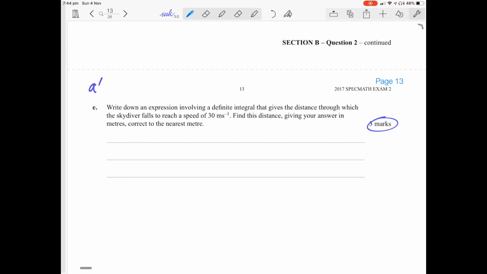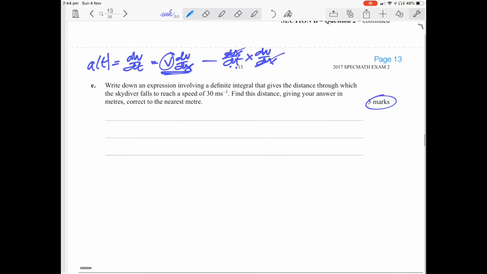Acceleration is dv dt, or it's also v dv dx, which is really just, v we know is dx dt, times dv dx, hence the dx's would cancel and we get dv dt, so that's why it's v dv dx.